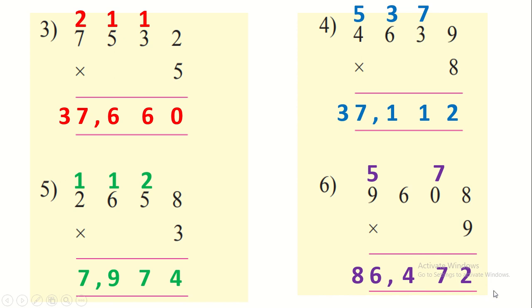Correct, students? Alright, please check your answers for number 3, number 4, number 5, and number 6. Students, finished?